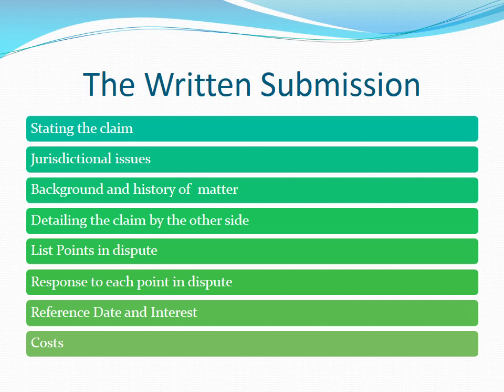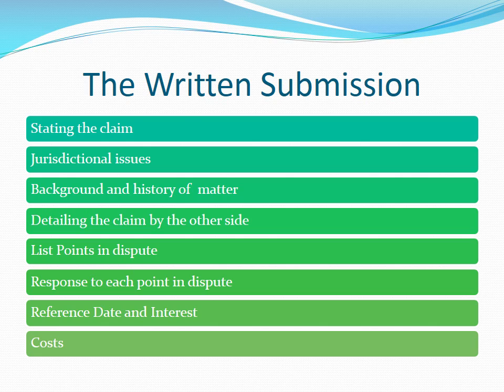Quickly going over each section, you have stating the claim. You then have jurisdictional issues, where you put any jurisdictional arguments you may have. You give a brief background and history of the matter. If you accept the statement as in the adjudication application, you can just reference that. You detail the claim, list points in dispute, and respond to each point, putting your arguments.